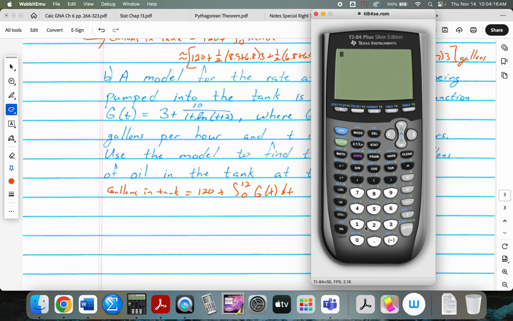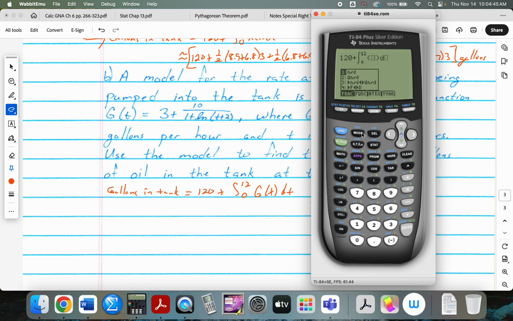Quit out of that. 120 plus math 9, the integral from 0 to 12. What did I do? I don't think I went over that far, but I must have hit it too hard. No, it's 3 plus.